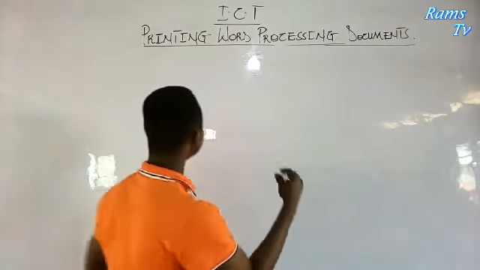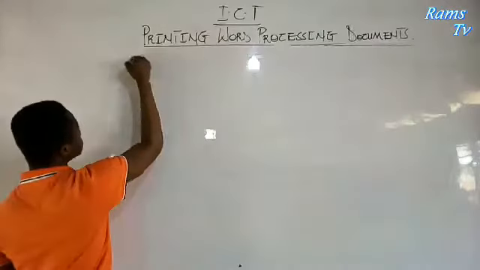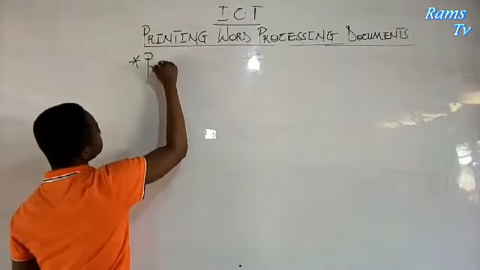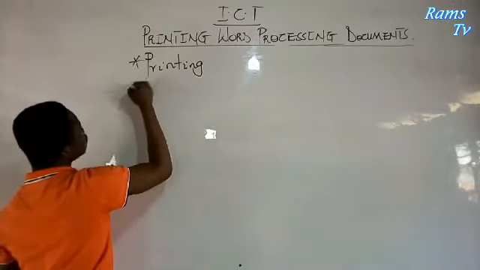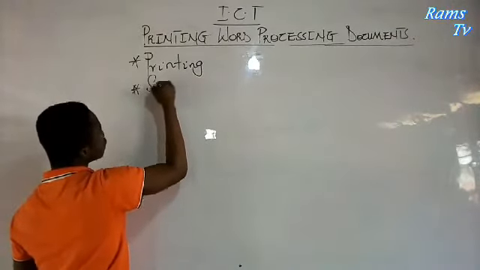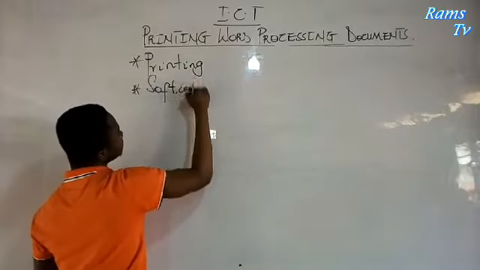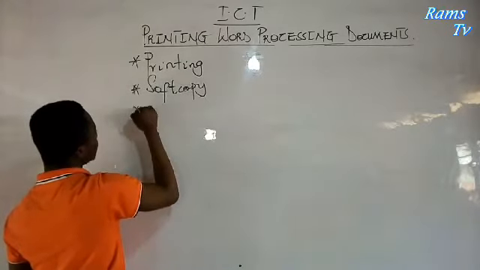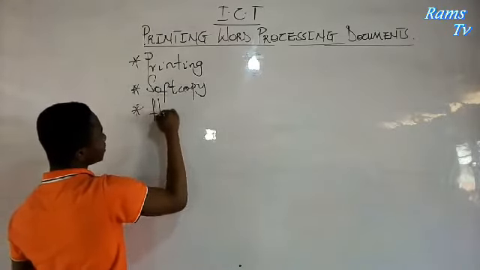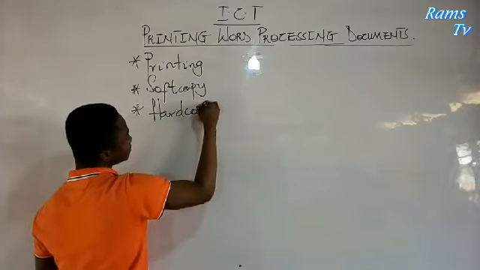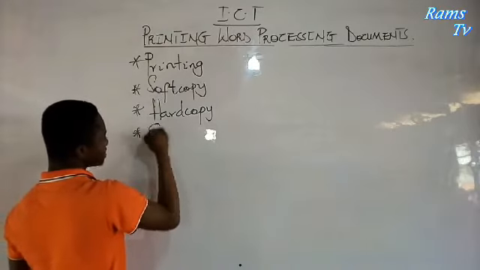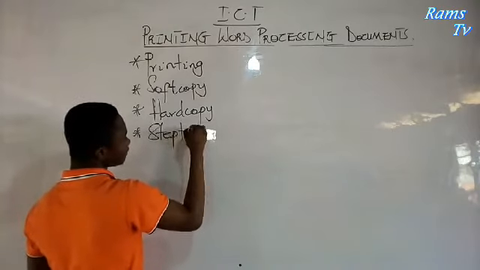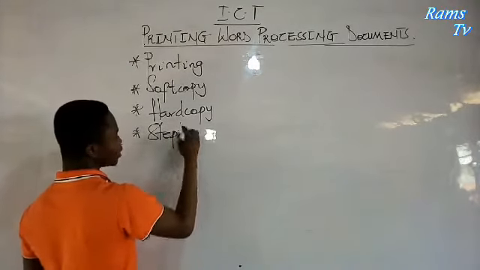1, we should know the definition of printing. Also, we should know the definition of soft copy. Again, the definition of hard copy. Also, we should know the steps to print preview a document.